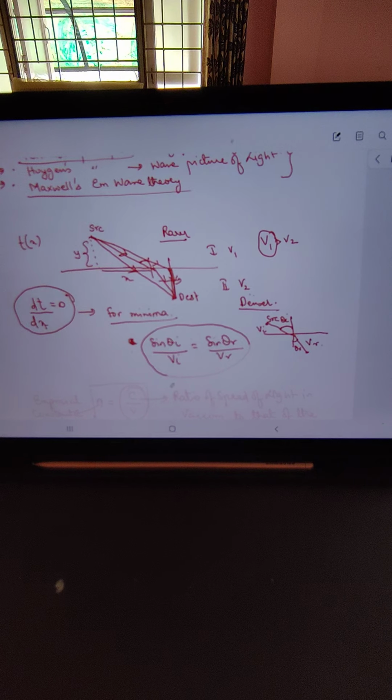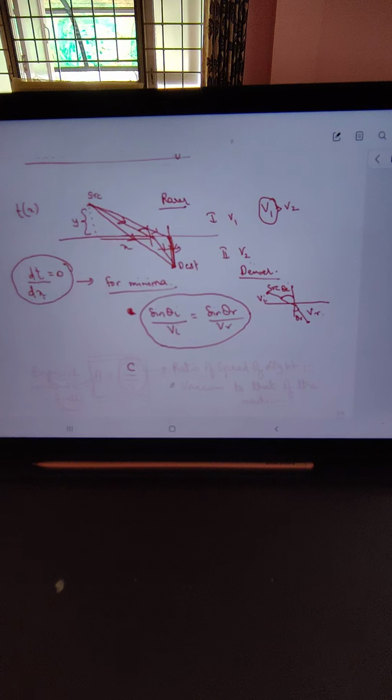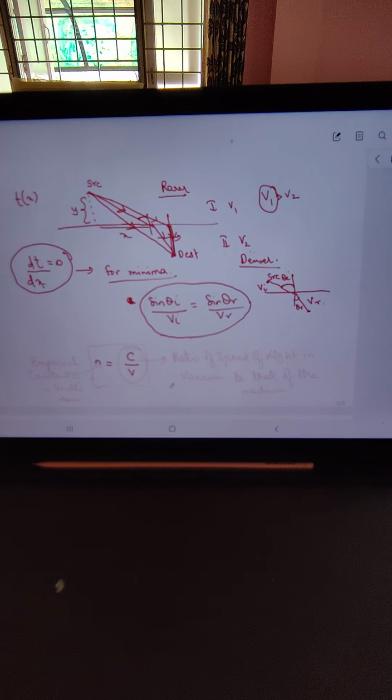And this condition is not very different from Snell's law. For that, you need the understanding that C by V is equal to the index of refraction.